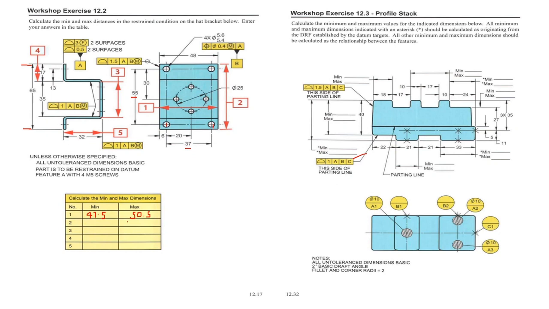So for this minimum value, it's 65 minus 1.5, we get 63.5. And the maximum value is here, which is 65 plus 1.5, 66.5.